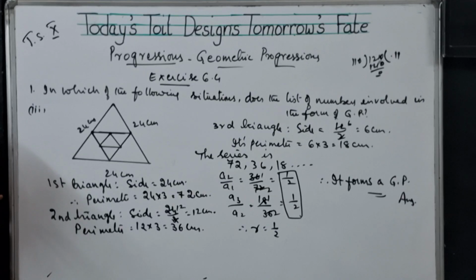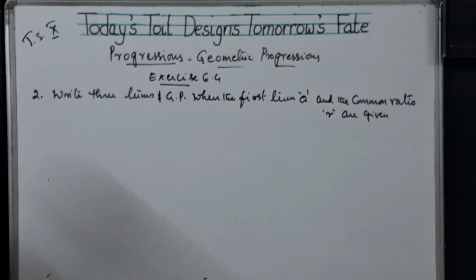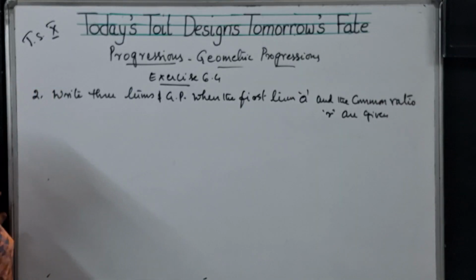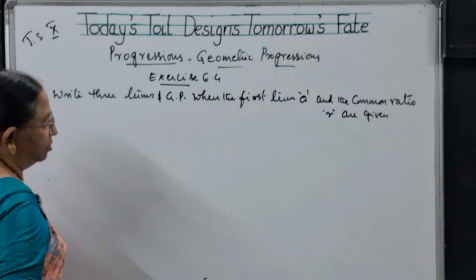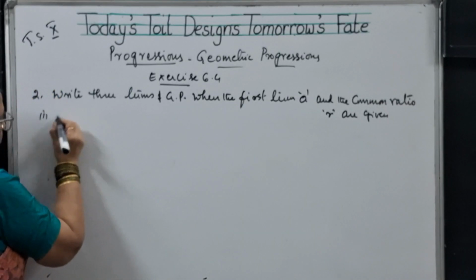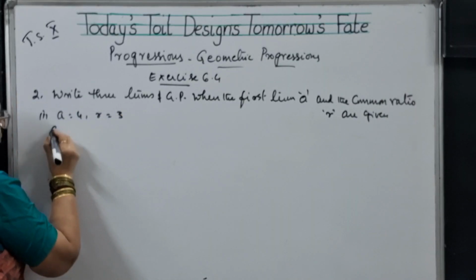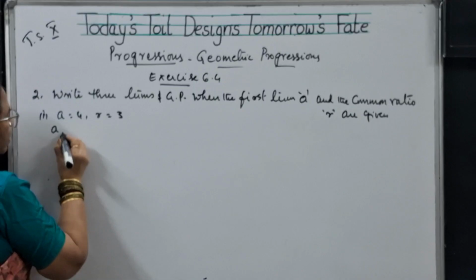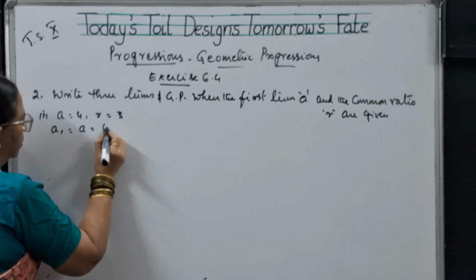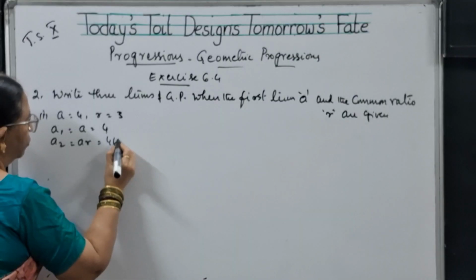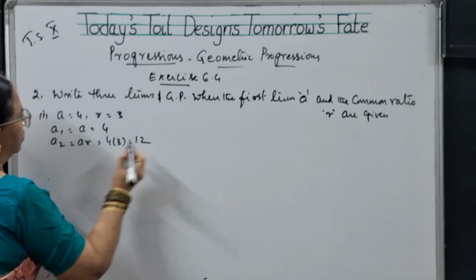This is the third bit. The second problem is, write the three terms of GP when first term A and common ratio R are given. The first problem is A is 4, R is 3. So the three terms they said, A1 is A, that is 4. What is A2? A into R, 4 into 3 means 12.